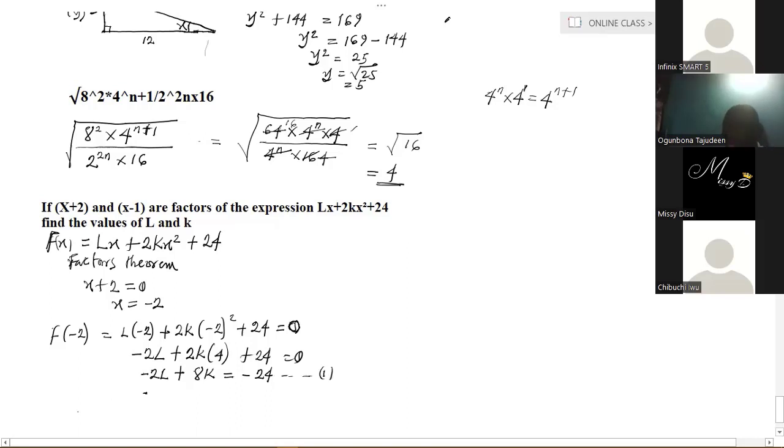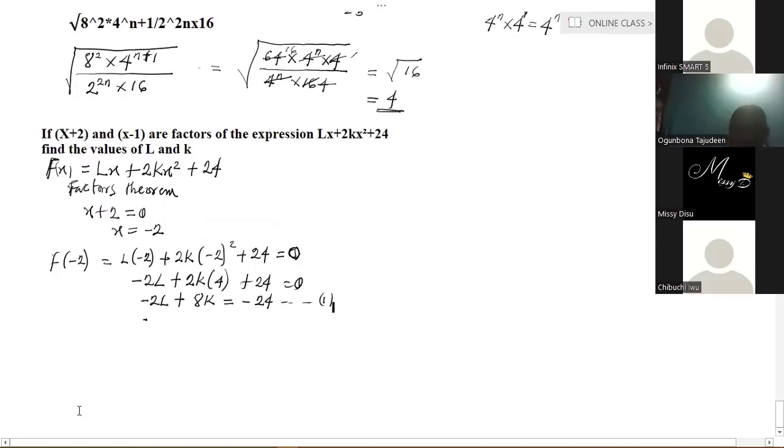Now, with x minus 1, take x minus 1 equals 0, so x equals 1. We now take the function of 1, that is L times 1, plus 2k times 1 squared, plus 24 equals 0.